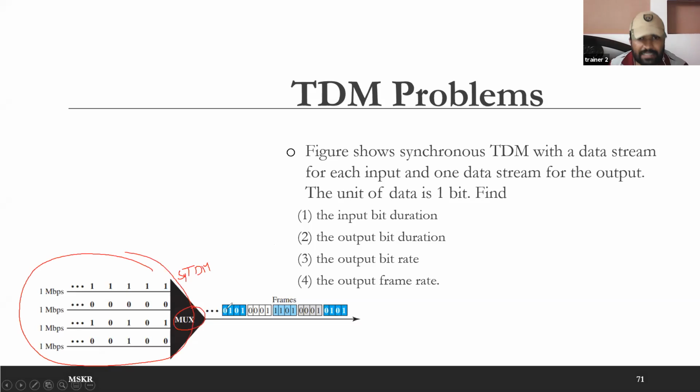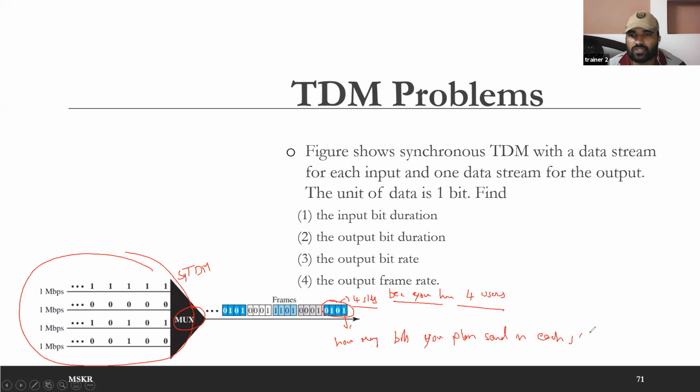Okay, when you use synchronous TDM, the approach is simple. Your frame will be having 4 slots because you have 4 users. Okay, 4 slots because 4 users. But what is in your hand is how many bits you plan to send in each slot.